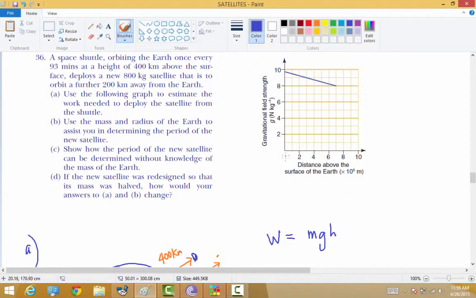Right, so the satellite now is at 600 kilometers away from the Earth, and so we read it up from the graph. It will experience a gravitational field strength of approximately 8.2. So the further away you come away from the Earth, the less the strength is.